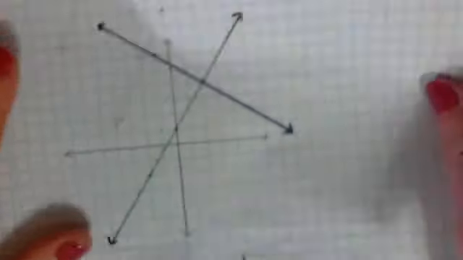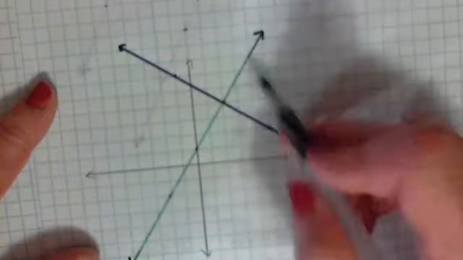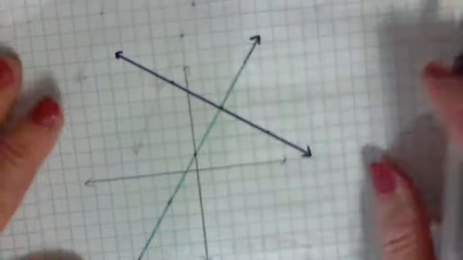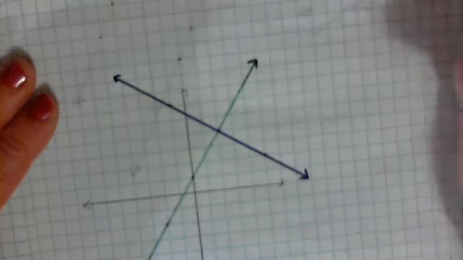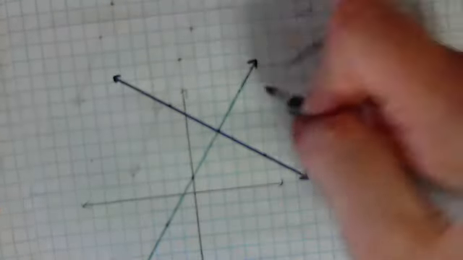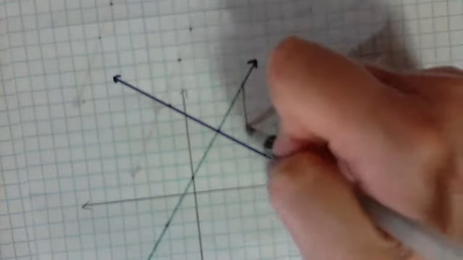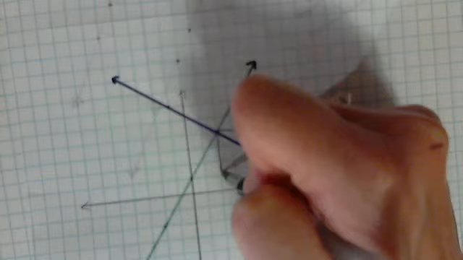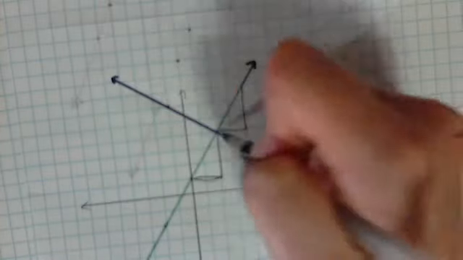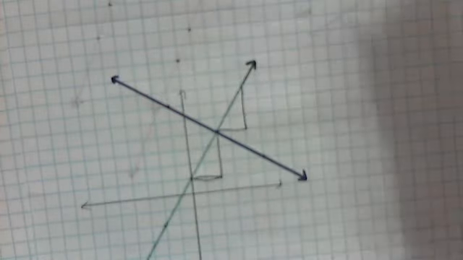Let's go to another pair of perpendicular lines and see if you can understand what's going on here. This pair also intersects at a right angle, so they're perpendicular. Let's check out the slopes. Here's a stair step. Remember, your stair steps, you have to draw from one whole number point to another one.